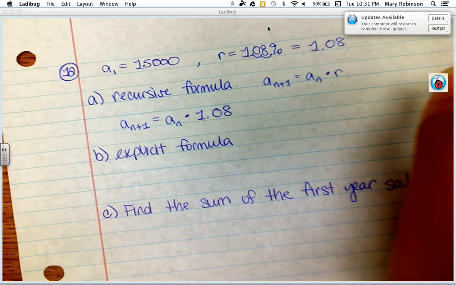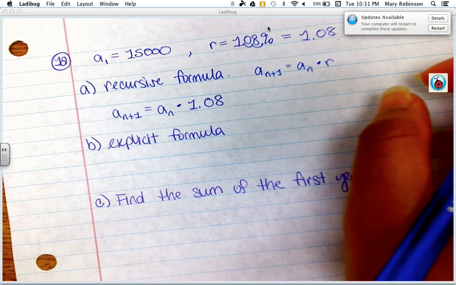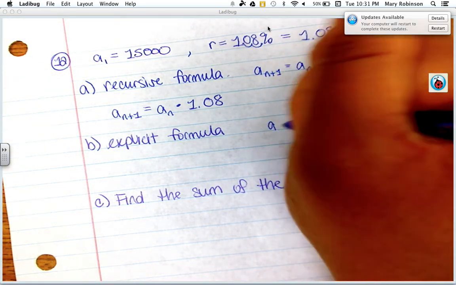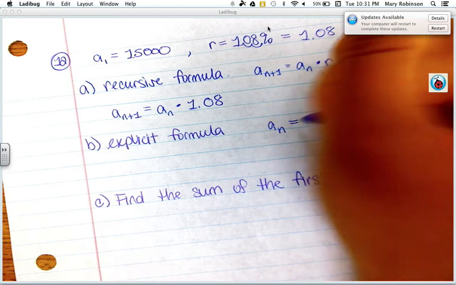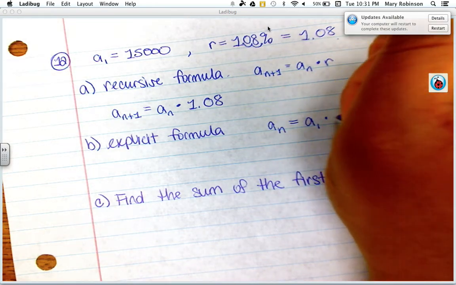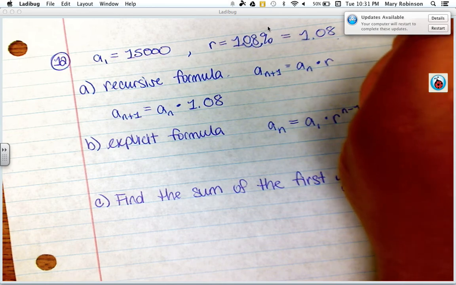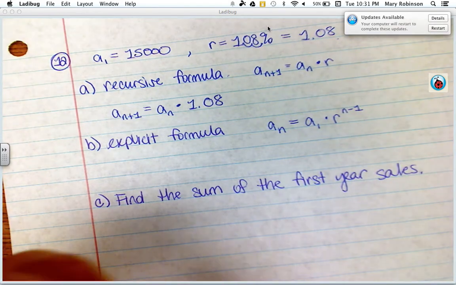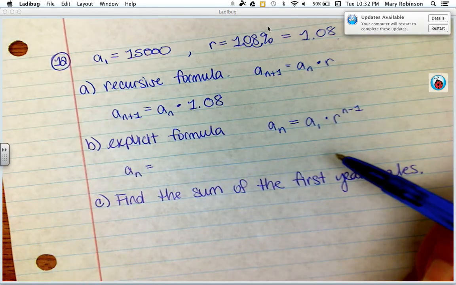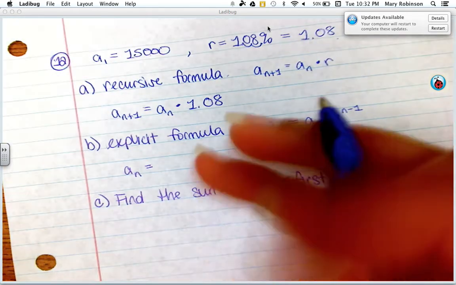Alright, so in B, it's asking for the explicit formula. For a geometric sequence, the explicit formula is always a sub n equals a sub 1 times r raised to the n minus 1 power. So in this case, we're going to have a sub n equals, our r is 15,000.